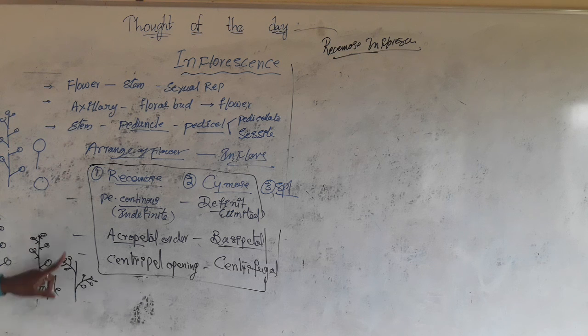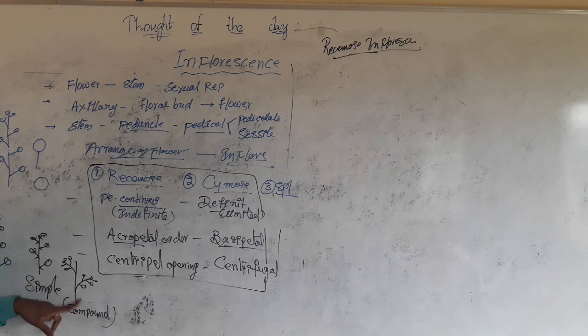If the peduncle is branched, such inflorescences are called compound inflorescences. Simple means the peduncle is unbranched and flowers are directly attached with the peduncle. But compound means the peduncle is branched and flowers are attached with the branches of the peduncle. This is simple type and this is compound type.